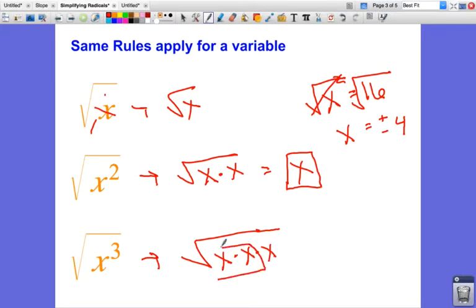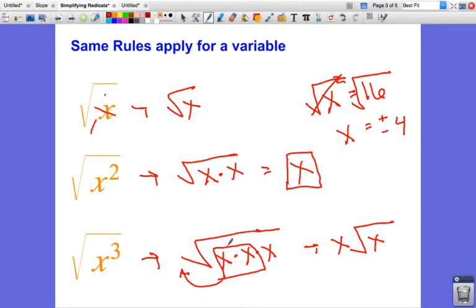What that means is I can pull this outside, because the square root of x times x is x. And then I still have 1 left over in my radical. So I have x on the outside times the square root of x still. So x to the third power simplifies to x times the square root of x. Because by having x squared, I can pull out an x, because the square root of x squared is just x.